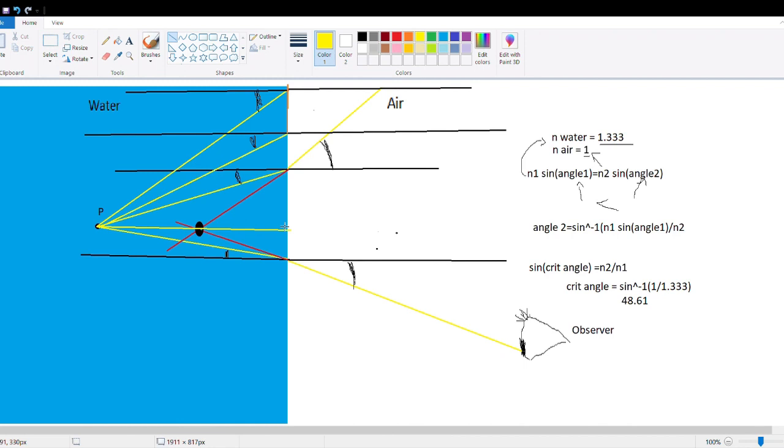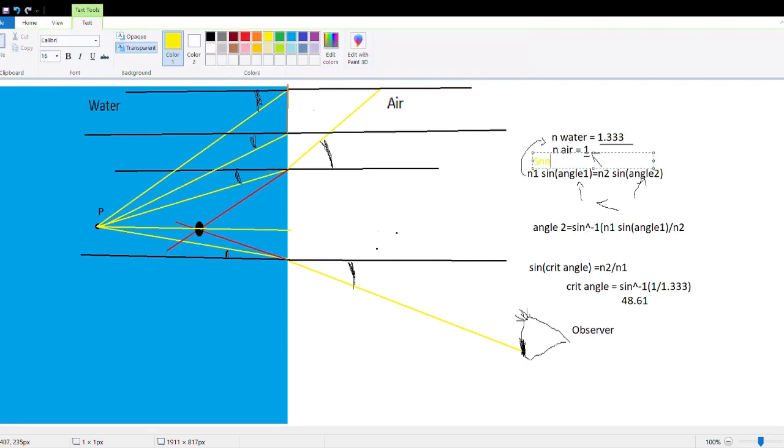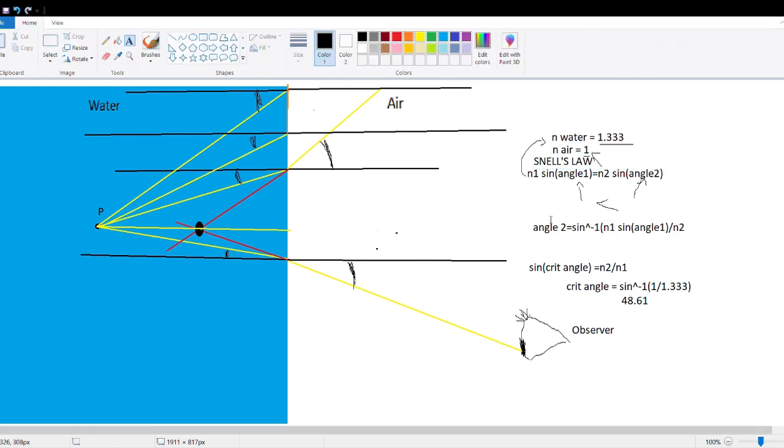That means that the angle on the other side, thanks to Snell's law, gives us an angle 2 that is the same, because 0 on one side will be 0 on the other side, so the angle would just keep going the same way on the other side as well. So just copy it straight like this.